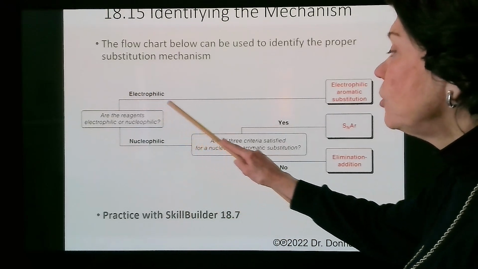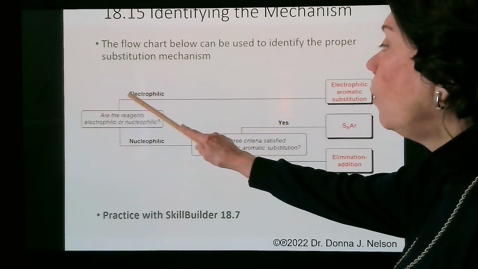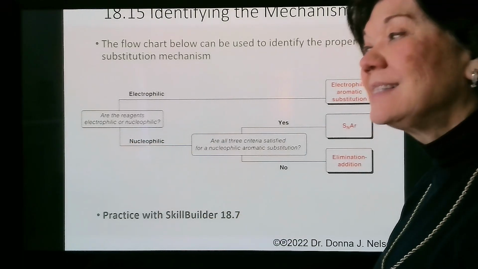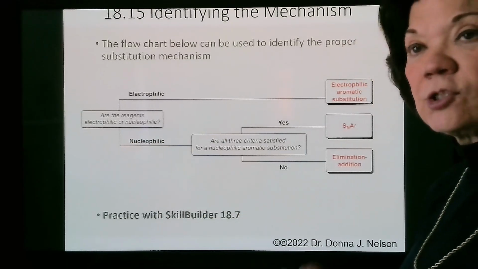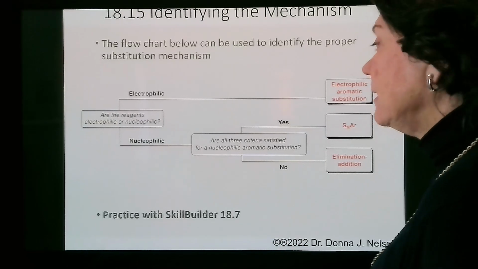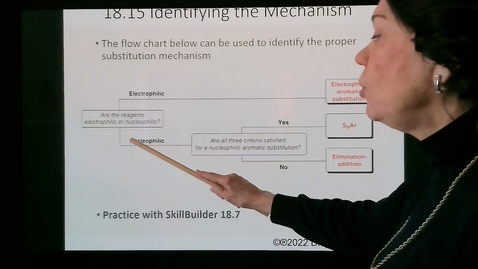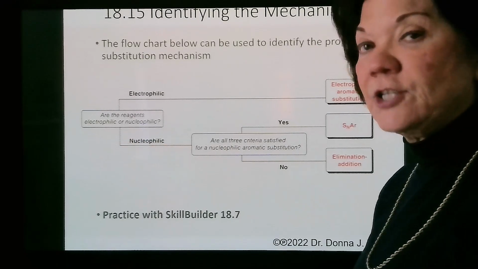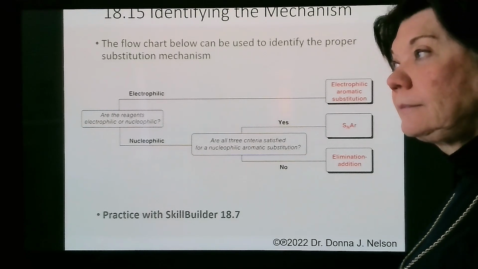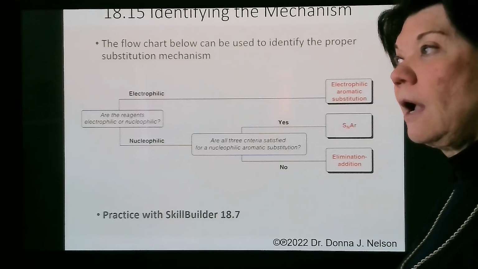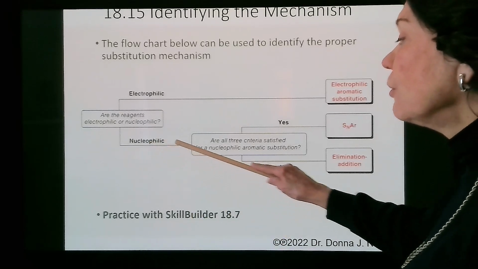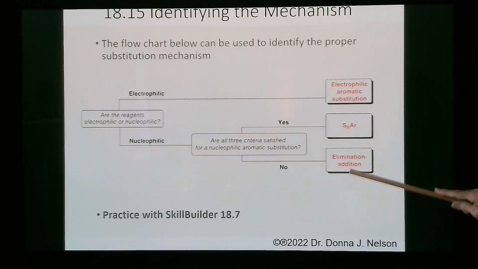The vast majority of reactions that you saw were up here. Then, in the last half of this last lecture on chapter 18, we see nucleophilic attack on the benzene ring. There are two different types of nucleophilic attack.